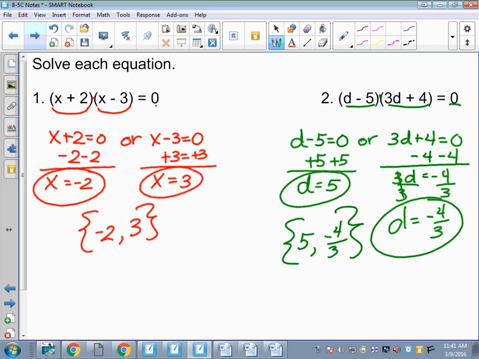So the values of d that would make that statement true are 5 and negative 4/3. Not at the same time. If you plug in 5, the first quantity will turn into 0. When you plug in negative 4/3, the second quantity turns into 0. I only need one of them to turn into 0 to get a product equal to 0.